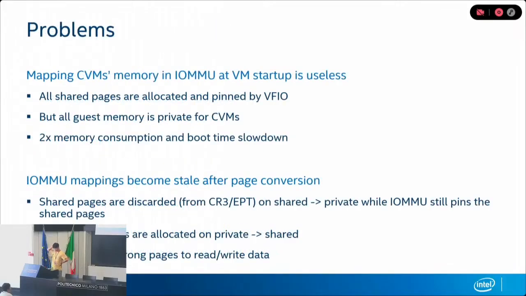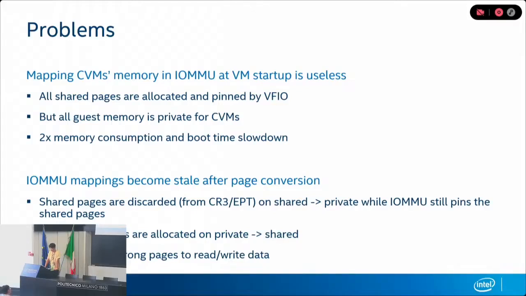So what are the problems? The first problem is for legacy VM. If we have a device assignment, QEMU will do DMA map for all the guest memory, and this causes all the memory to be allocated and pinned by VFIO.